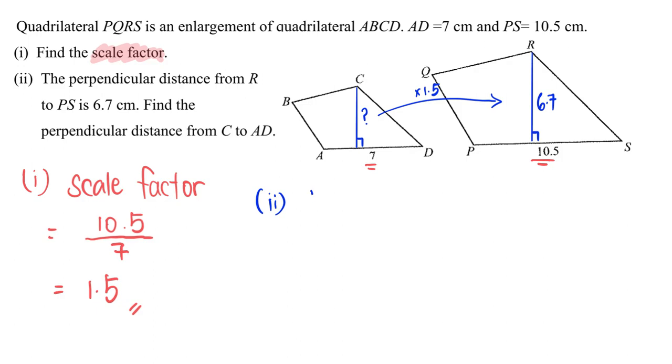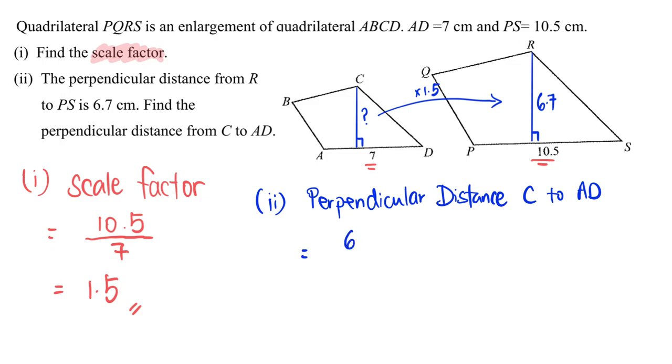So the perpendicular distance C to AD is therefore equal to, I just need to divide by 1.5. Then I will get back the distance.